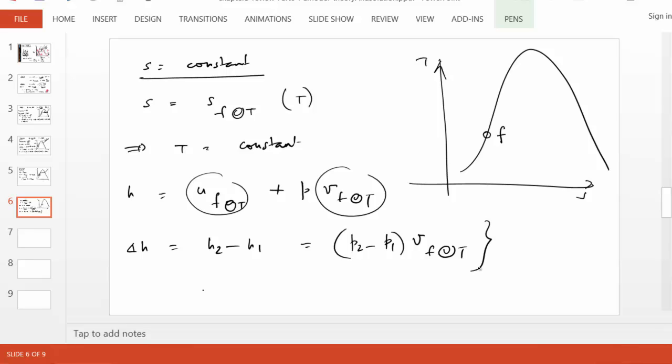In other words, if you know liquid enthalpy at a given point, then you can find the difference from just the pressure difference multiplied by the specific volume at the temperature, which is remaining constant. Again, it's only true for an isentropic situation.